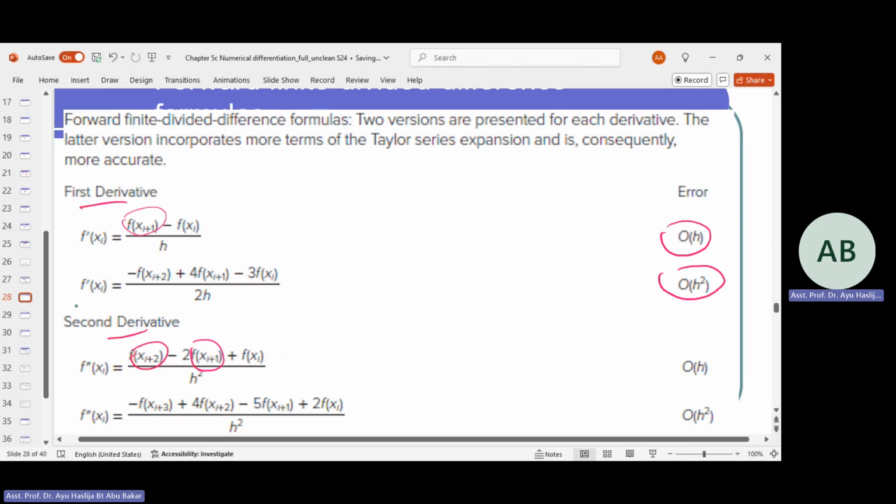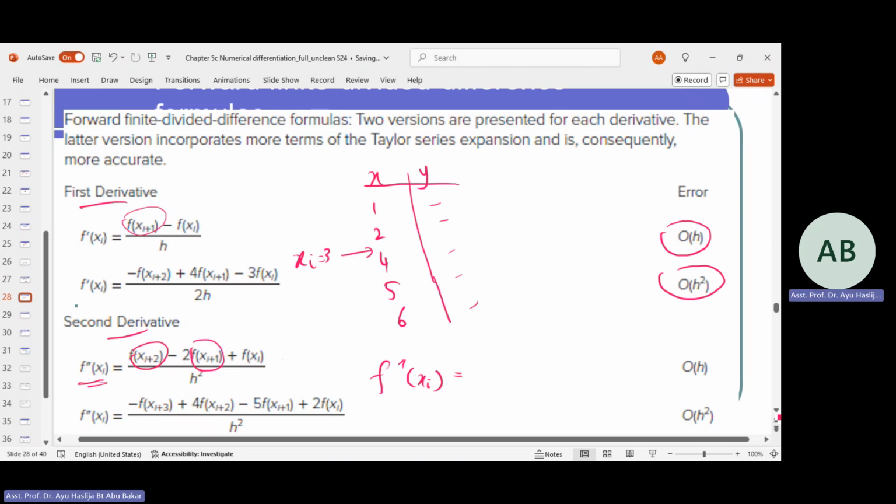Okay, let's say you are given 1, 2, 4, 5, 6. Okay, so here you have values. Okay, let's say you have values over there. So to find the second derivative, let's say your x is 3. Xi is 3.